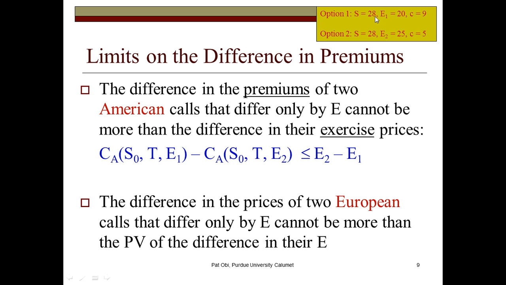Notice, if you were to exercise this option, your intrinsic value would be 8. 28 minus 20. That's how much you would receive from exercising this option. Now, if on the other hand you say to yourself, I don't want to exercise this option, I'm instead going to sell it. Let's say this option still has about a month prior to expiration. If you sell it, you'd actually be receiving $9.